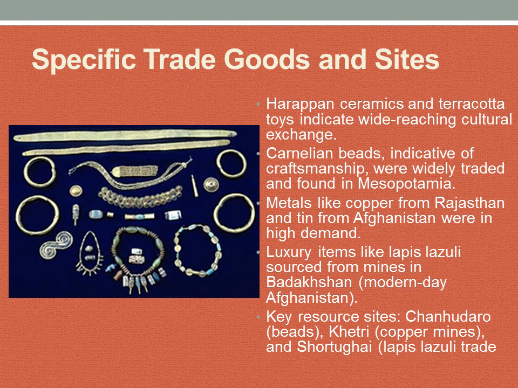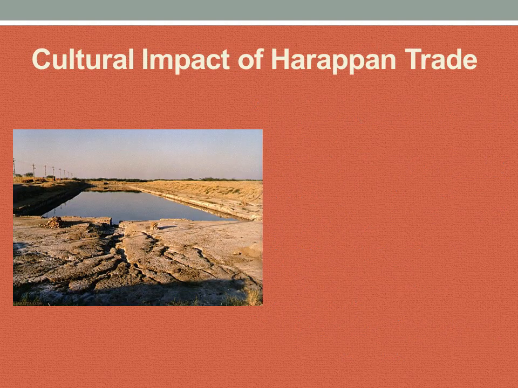The key resource sites were Chanhudaro, which produced beads. It was a bead factory and different stages of bead production have been found in Chanhudaro. Khetri was a copper mine, and Khetri is still used as a copper mine in the modern era. And Shortugai is a place where lapis lazuli trade was very prominent.